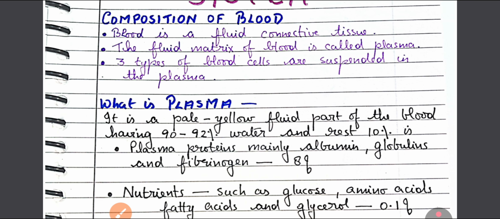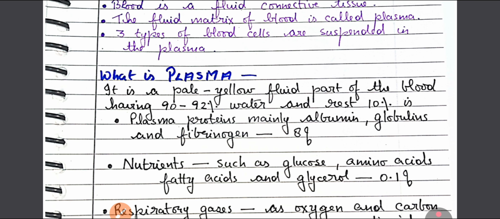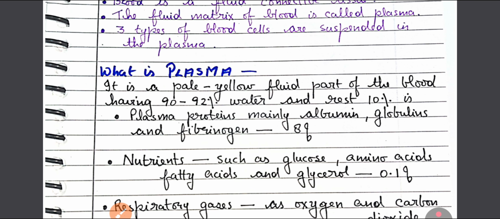What is plasma? First, we will understand what plasma is. It is a pale yellow fluid part of the blood, having 90 to 92% water, and the rest 10% is other things. First, plasma proteins mainly consist of albumin, globulins, and fibrinogen, which is about 8%.